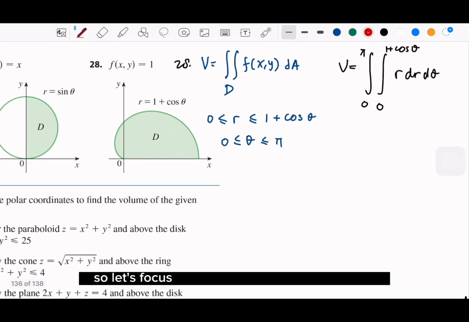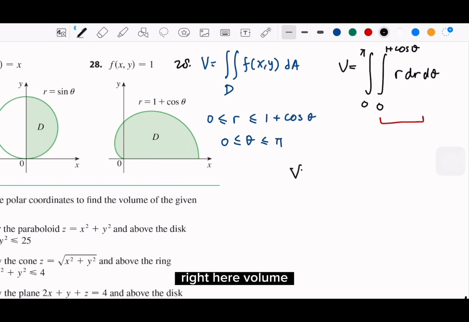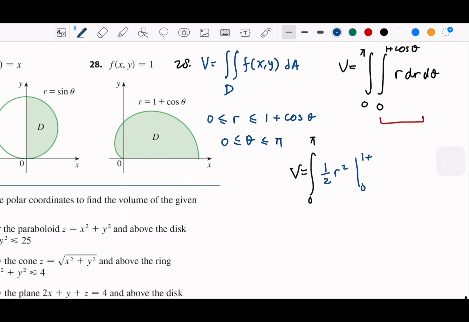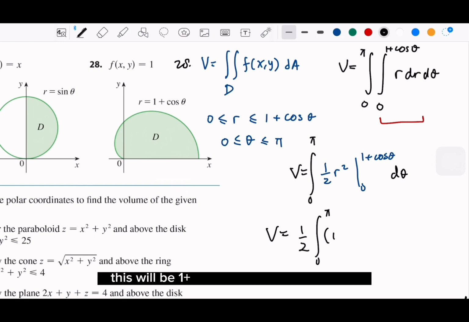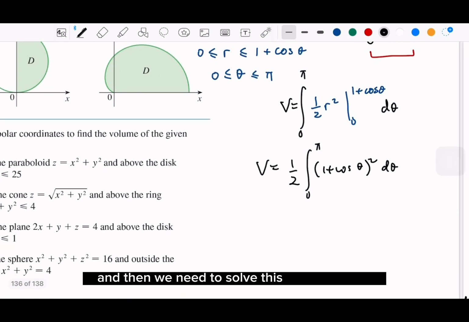So let's focus on finding the inside integration. So volume: r becomes half r squared, and then d theta. And then this will be half, 1 plus cosine theta, and then squared. And then we need to solve this one by one.